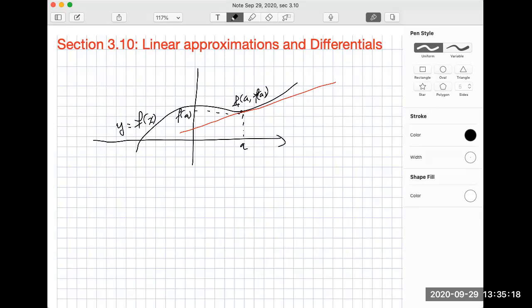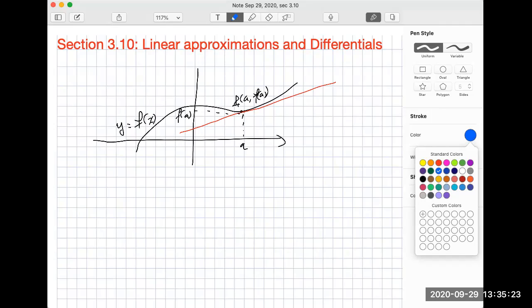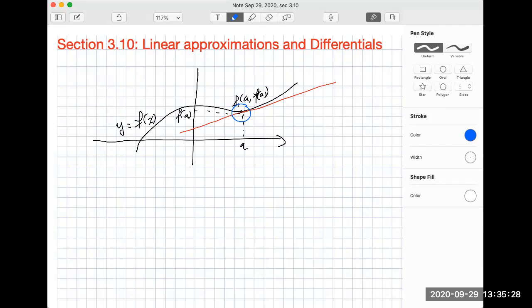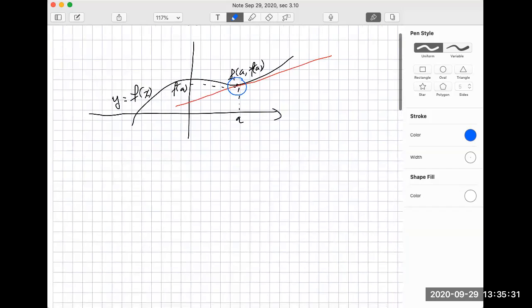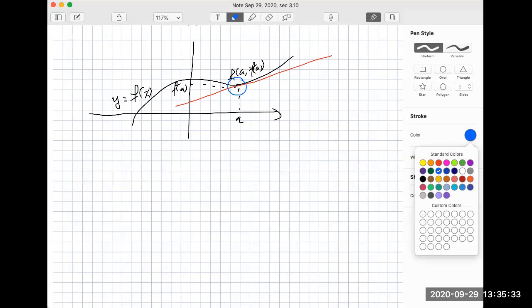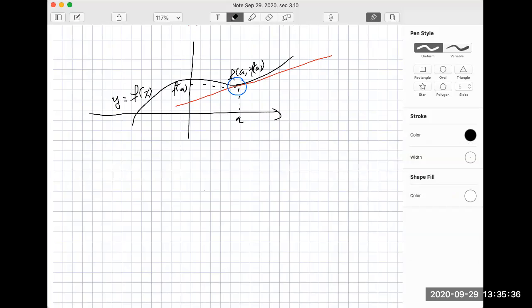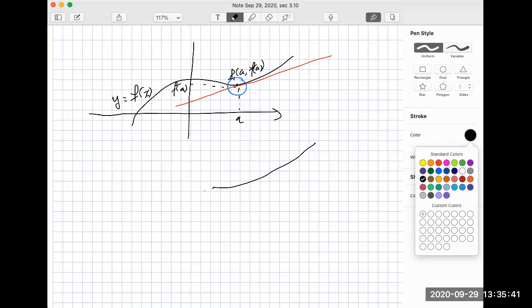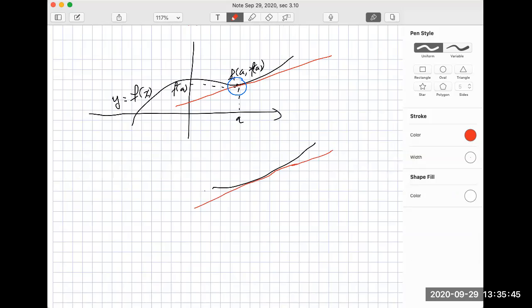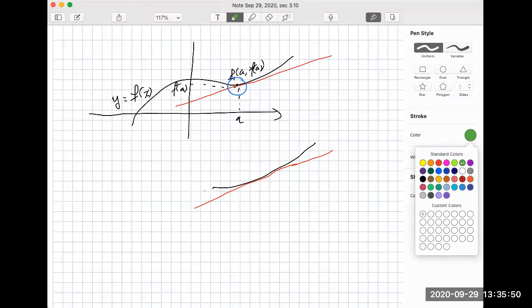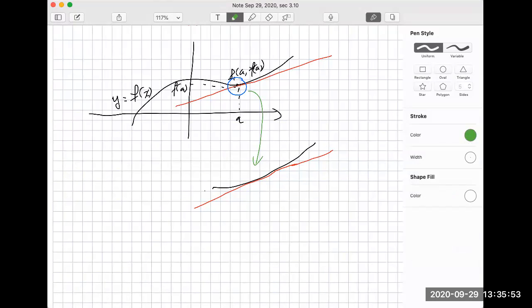So imagine that if you zoom in, you use a microscope to zoom in, and it will be somehow like this. Right, this area.